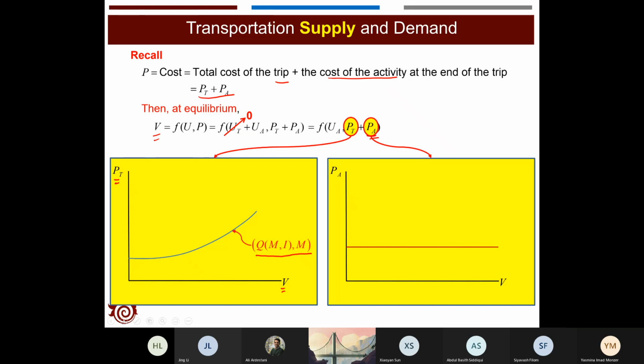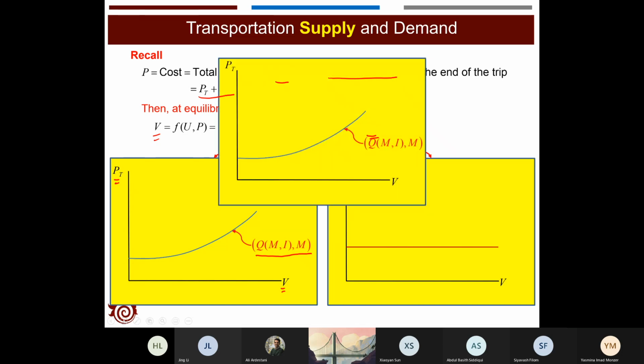And if we put these two costs together, PT plus PA, then you simply move the line upward a little bit. We simply move from the original value to some value above with the gap of PA, which would be the cost of the activity.